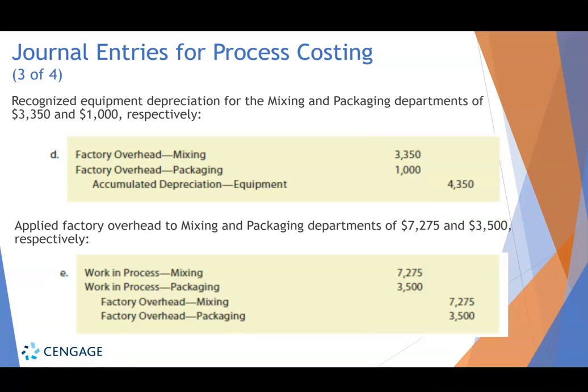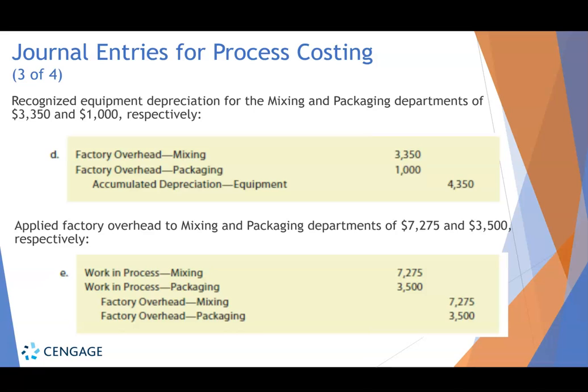We recognized equipment depreciation for the mixing and packaging departments of $3,350 and $1,000 respectively. That would be part of our factory overhead. We would debit the factory overhead mixing for the $3,350. We would debit our factory overhead for packaging of $1,000, and we would credit our accumulated depreciation on equipment.